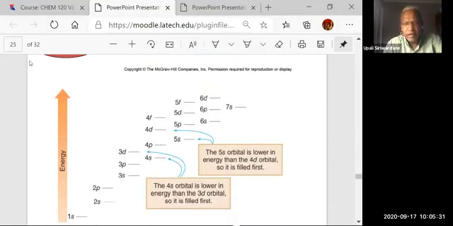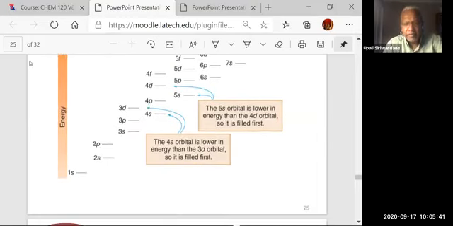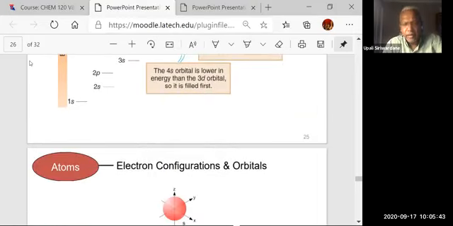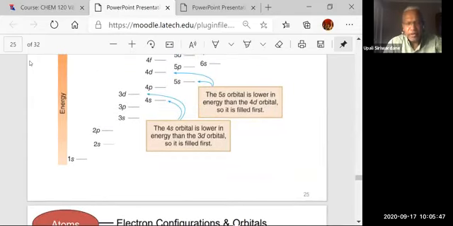It is shown here how they are filled, but this diagram is not well understood. One thing you have to know from the periodic table: 4s electrons are filled before 3d electrons. Going around the way it's going, 4s is filled before 3d.